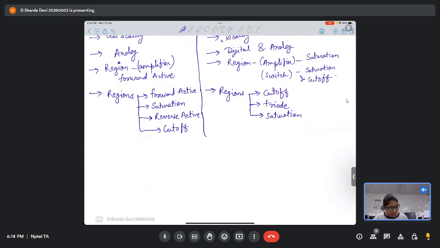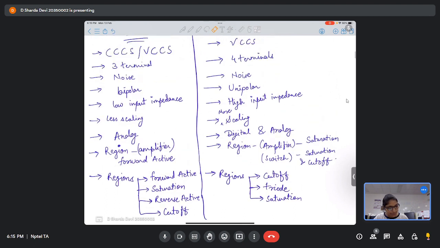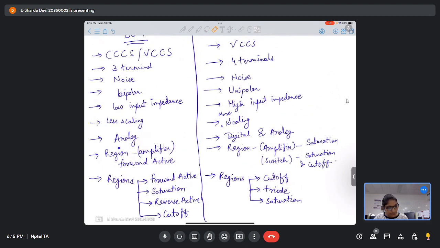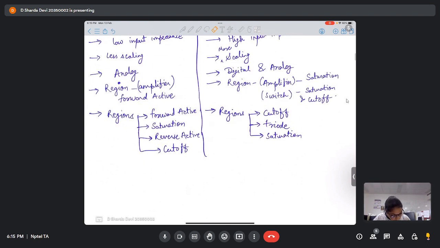Okay, since we have explored this, does something else come to your mind in terms of differences for these two devices? Ma'am, any other differences that you can think of? Ma'am, MOS can be said more stable as compared to BJT, as in it can be easily controlled for a design as compared to analog.